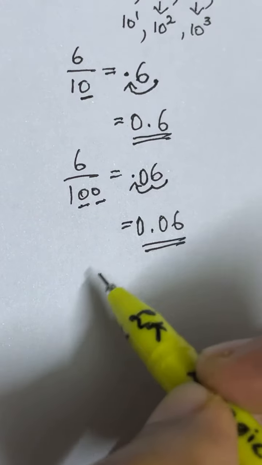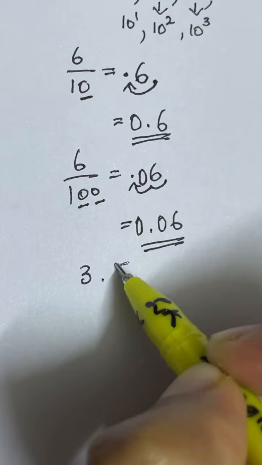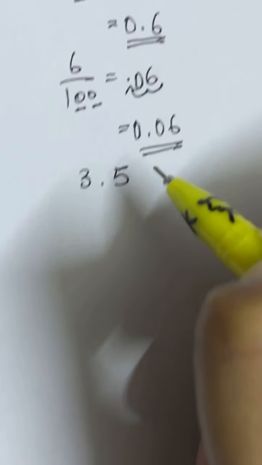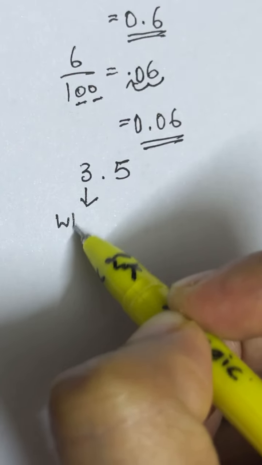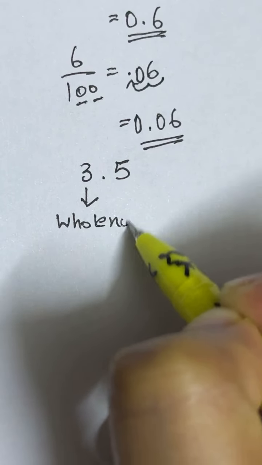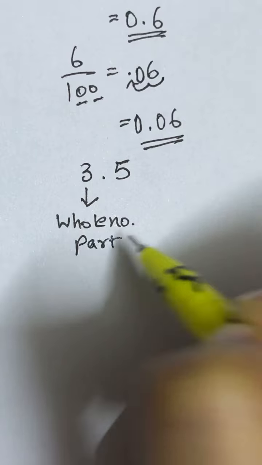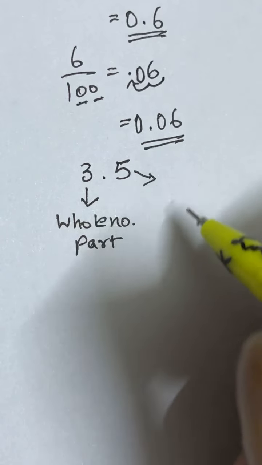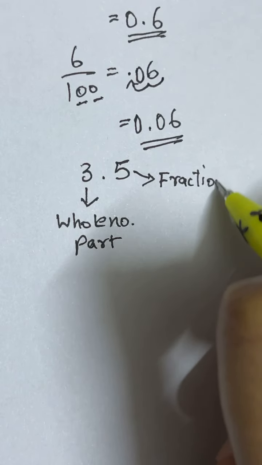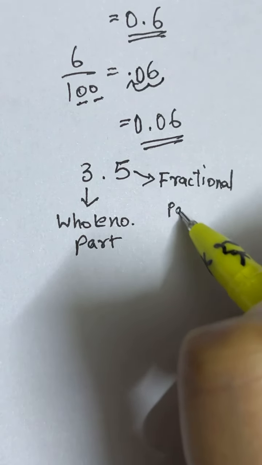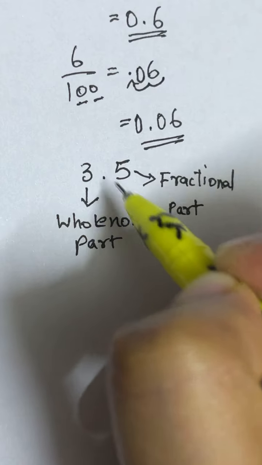Now whenever you have a number, for example 3.5, this 3 is always the whole number part. This is the fractional part, and this is the decimal point.